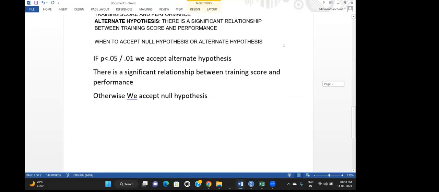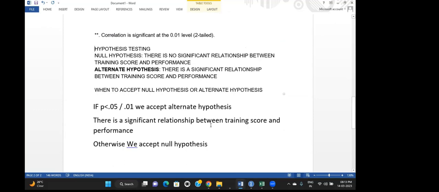So we accept the alternate. There is a significant relationship between training score and performance. This is how you have to perform the correlation, and this is how you have to write this into your paper.